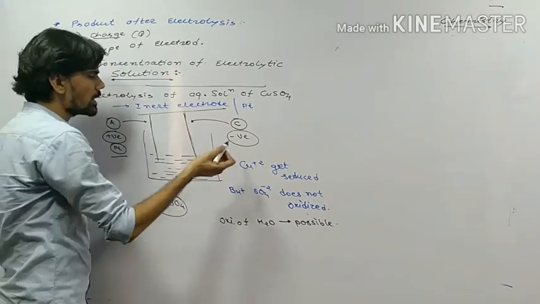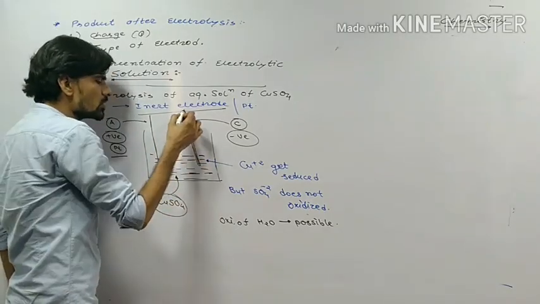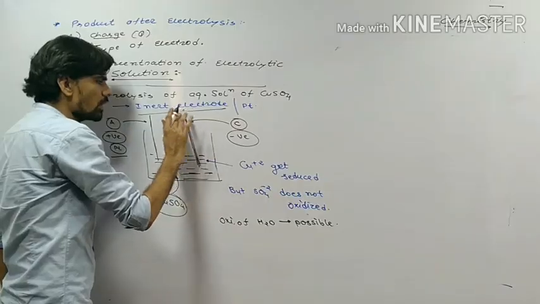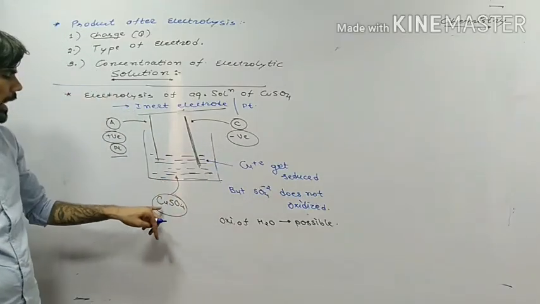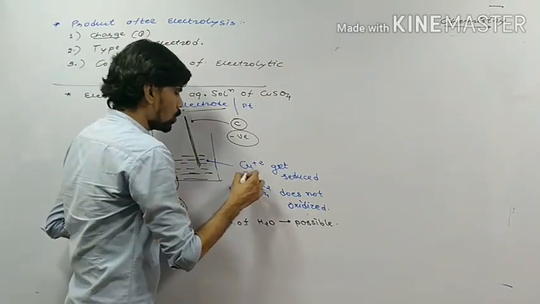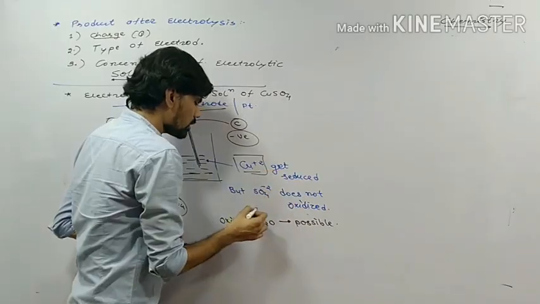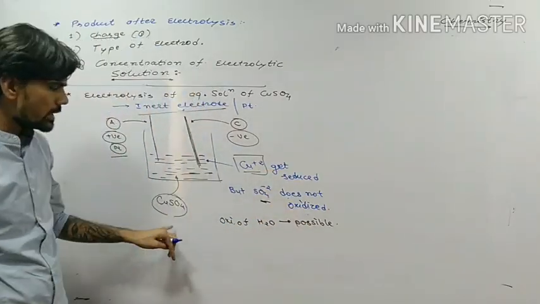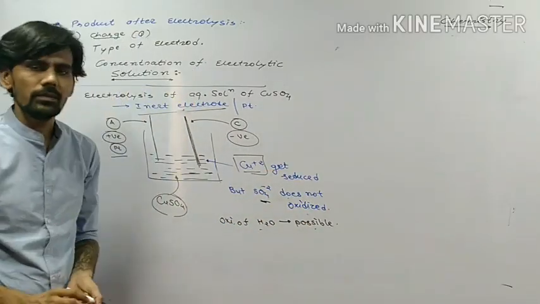We can use platinum as cathode also, but we are using a metal spoon as a cathode. In the aqueous solution of CuSO4, Cu2+ gets reduced, but SO4 2- cannot oxidize, but oxidation of H2O is possible.